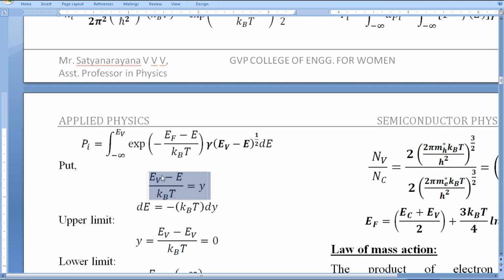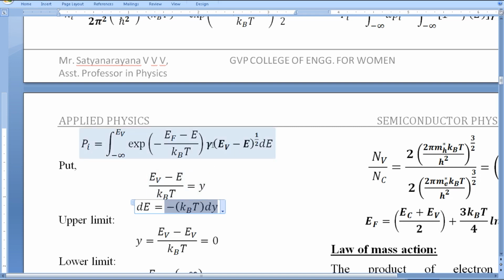If we differentiate this, EV is a constant, so it is minus dE, and this comes as dy times kBT. As this minus sign is pulled this side, it is minus kBT dy. So wherever you get dE here, you can safely replace it with minus kBT dy. Similarly here, one can substitute y kBT whole power 1 by 2, because EV minus E is nothing but y kBT.